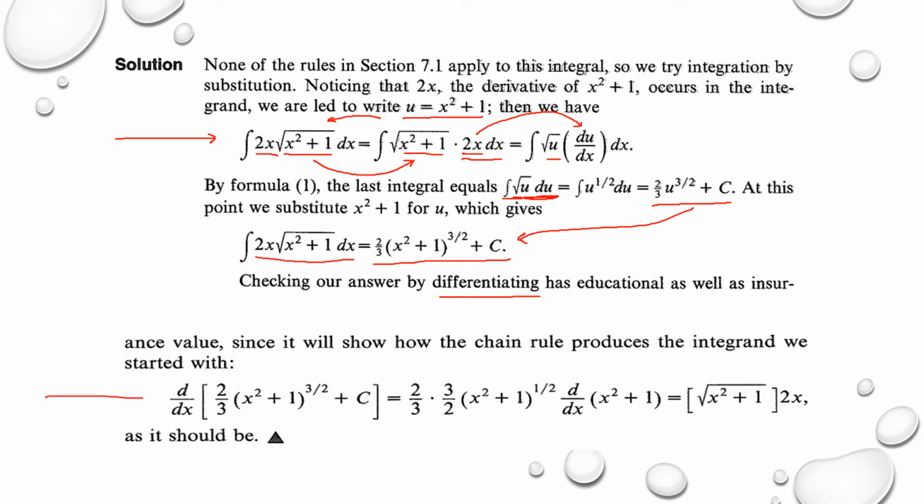We differentiate our answer with respect to x. 2 by 3 is constant, so it will go outside of the differentiation, and we will apply the power rule here, which results in this form, while this factor is here, whose derivative will be multiplied. After simplification, we find the result, which is the same as the given integral.